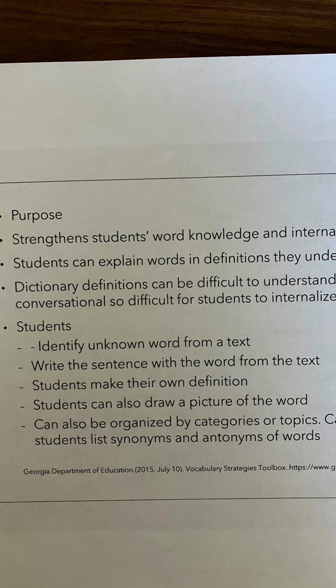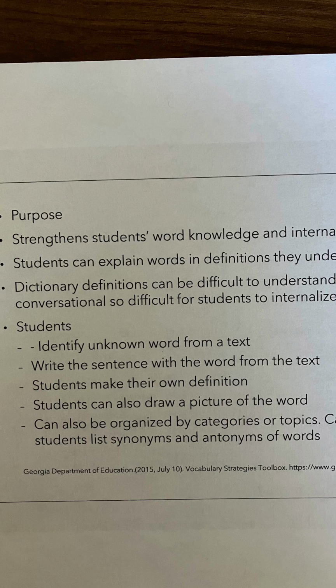So what's a vocabulary notebook? So as you're reading in class or as they're reading on their own, have the students identify unknown words from the text. Have them have a vocabulary notebook where they write down unknown words, write the sentence with the word in the text, and then the students make their own definitions.